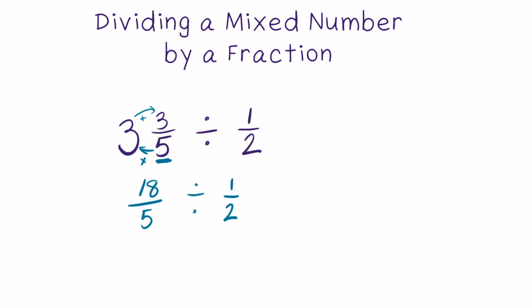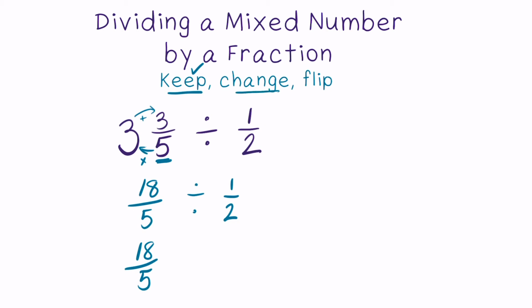And now that we have two simple fractions that we're working with, 18/5 divided by 1/2, we can go back to the three steps that we always use when dividing fractions. Keep, change, flip. So let's go ahead and go through those steps. First, we're going to keep the fraction of 18/5 the same.